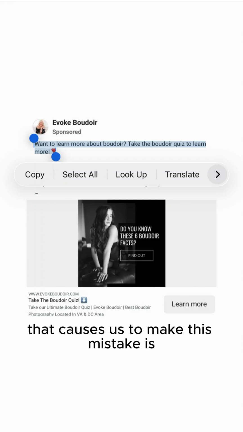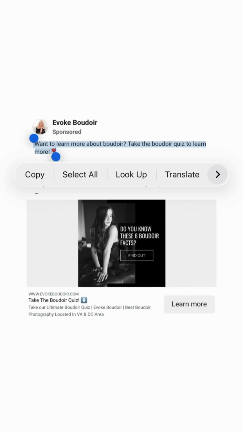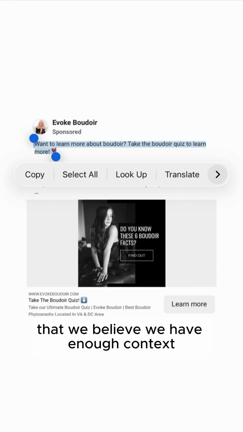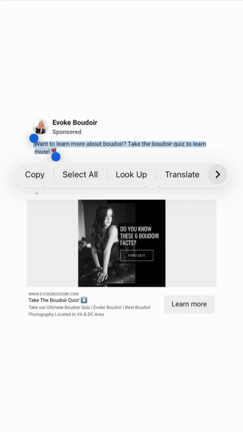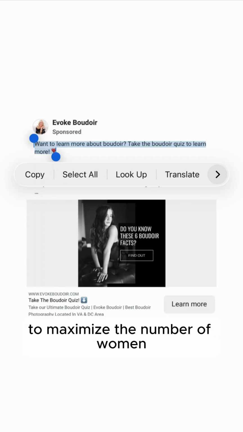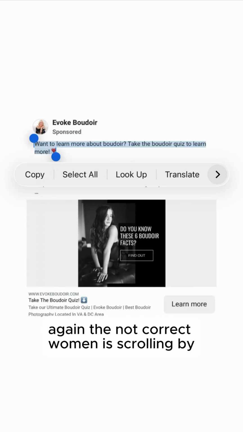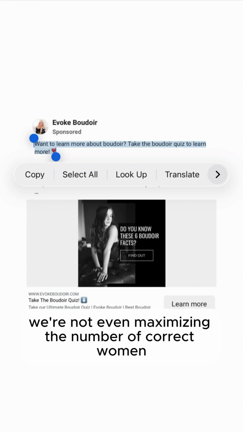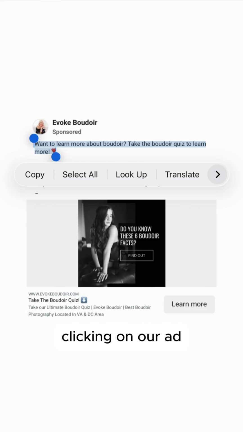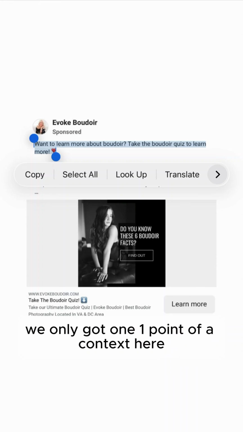So the false belief that causes us to make this mistake is that we believe we have enough context to maximize the number of women, the right women, clicking on our ad, and getting the not correct women to scroll on by. But we're not even maximizing the number of correct women clicking on our ad. We only got one point of context here.